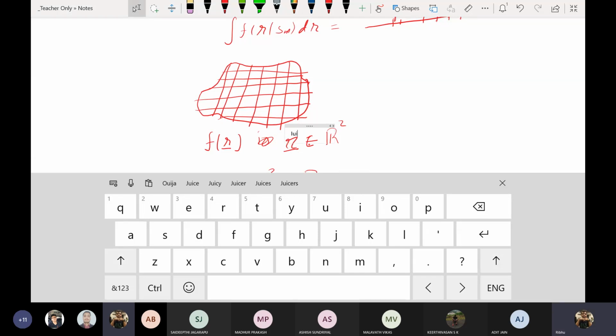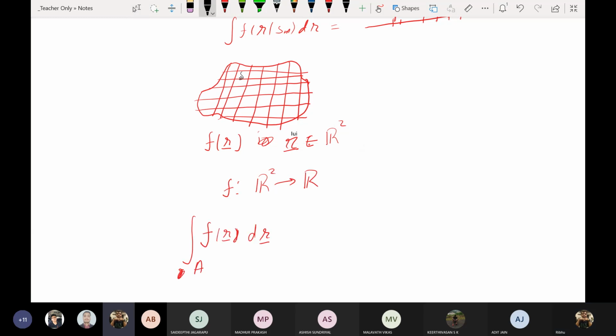For each of these components, this is f of r1, f of r2, and so on. For integrating here, it is the summation from r1 to rn.